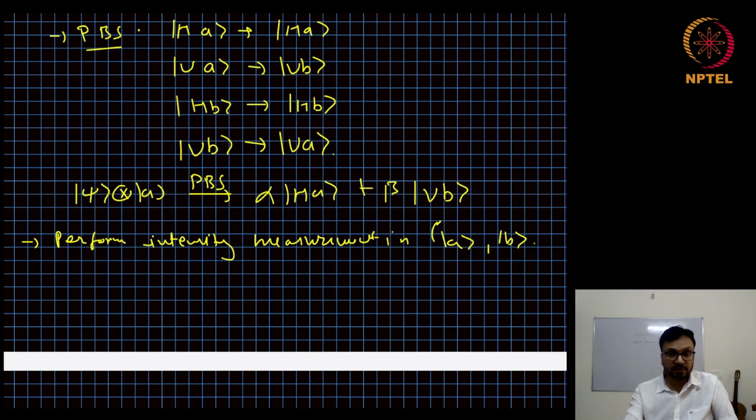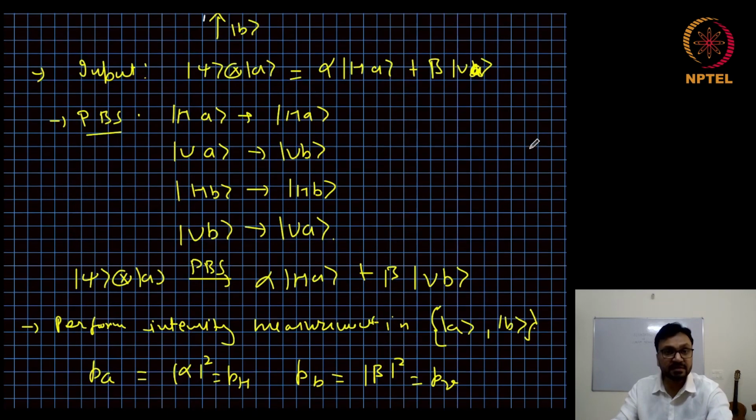So whether the photon was in A or B, we perform that measurement, and accordingly we know that the probability of getting the photon in A is |alpha|^2, and probability of getting in B is |beta|^2, which is the same as the probability of getting H and the probability of getting V.